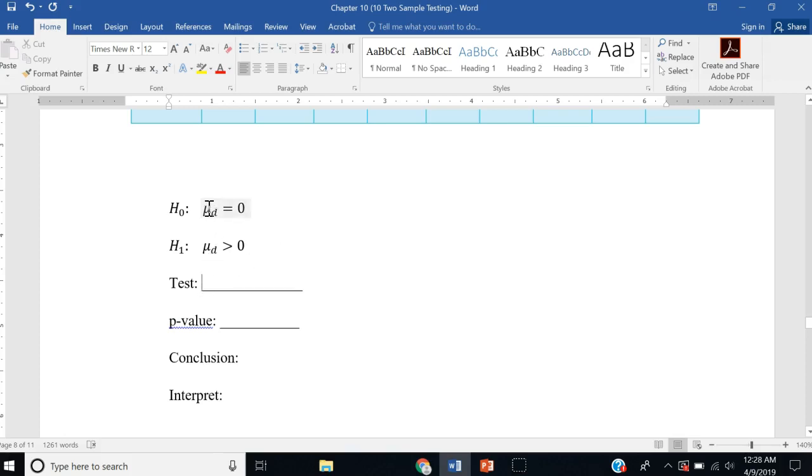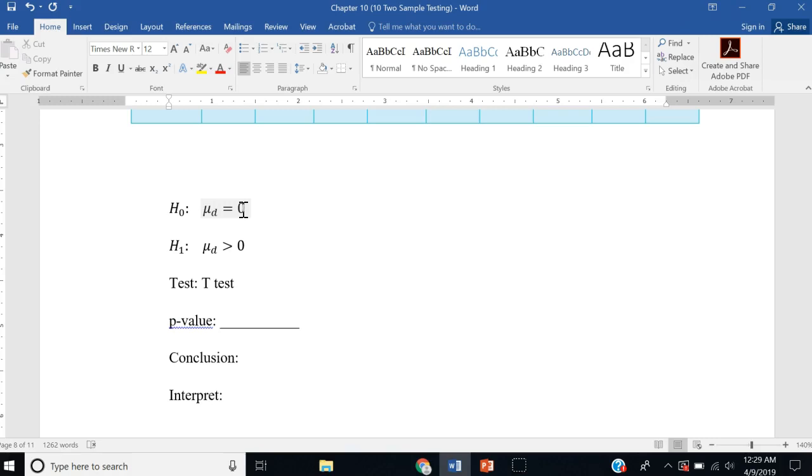Now, notice we're only dealing with one sample equal to a number. That means we're utilizing our t-test. And by t-test, I mean my t-test that we used way back in chapter 9. Okay, it wasn't that long ago. But t-test, so it's the one sample t-test, that's number 2 on your calculator.